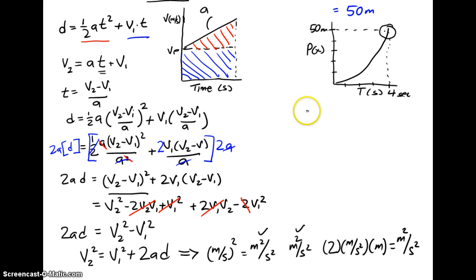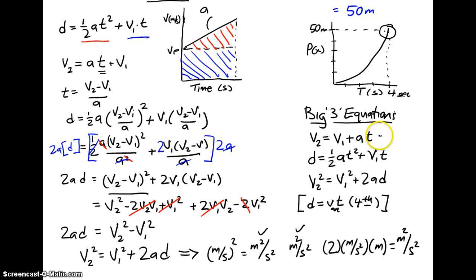So what we have here are the big 3 equations of motion. Here they are. Velocity 2 is equal to our velocity 1 plus acceleration times time. Notice in this, there's no distance. Distance is equal to 1/2 at squared plus our initial velocity, velocity 1, times time. Notice that there's no v2 in that.